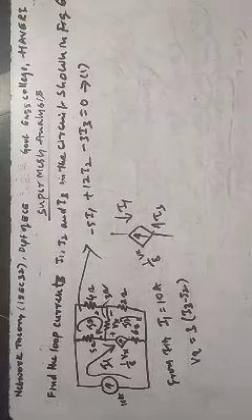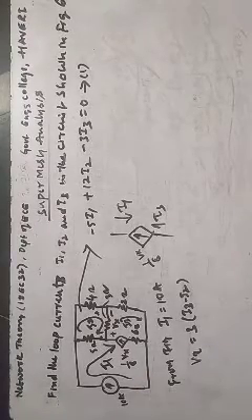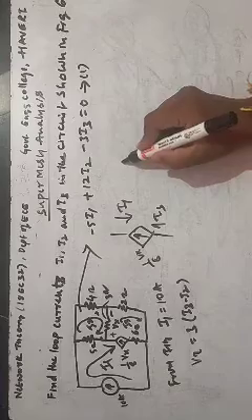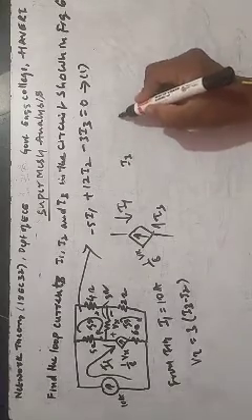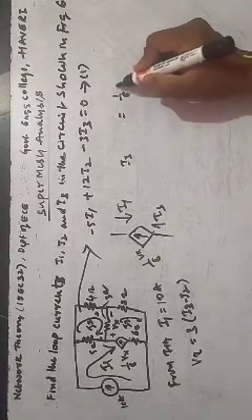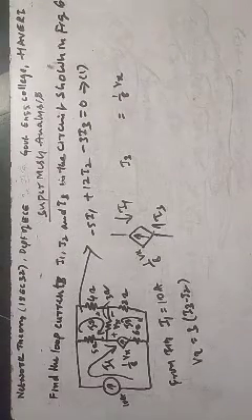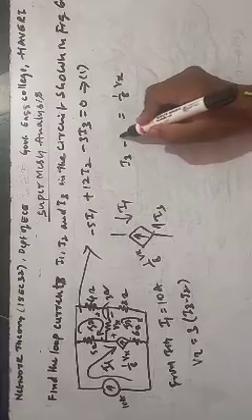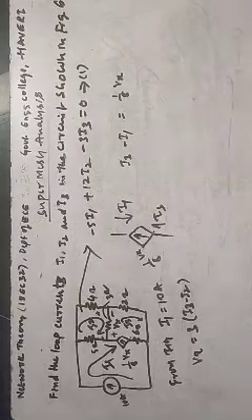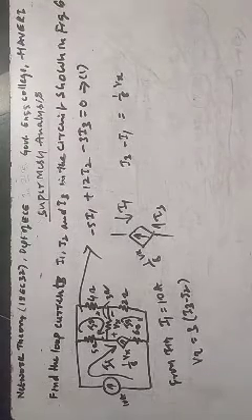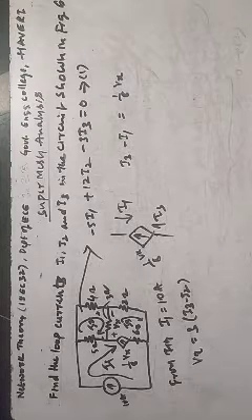So the direction of I3 and the direction of 1 by 8 Vx is the same, so I3 is equal to 1 by 8 Vx, whereas I1 is opposite to these two, so minus I1. I3 minus I1 is equal to 1 by 8 Vx.